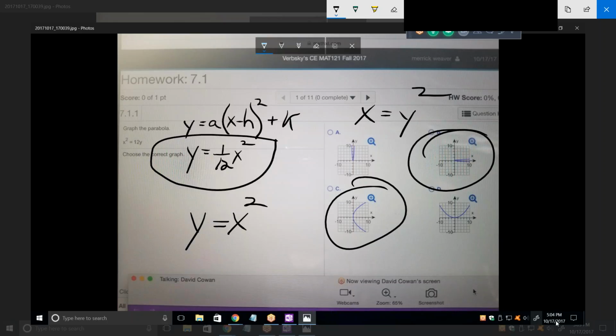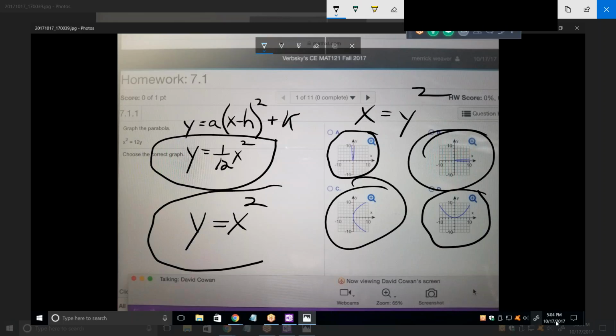So to figure out what the standard vertical parabola function is, always just think about what you've been learning for 2 years, y equals x squared, where you have y to the 1 power equals x squared. So that is a function. This one is a parabola, but it's not a function. It's a parabola on its side.